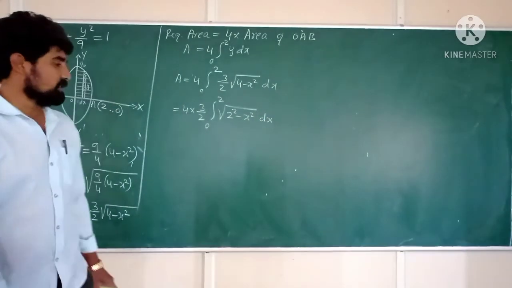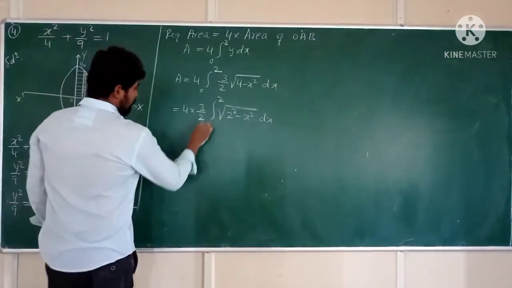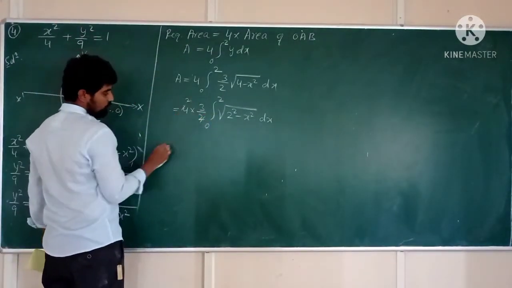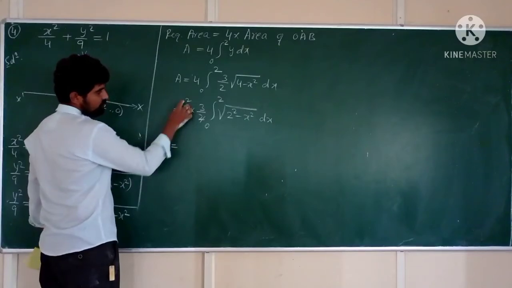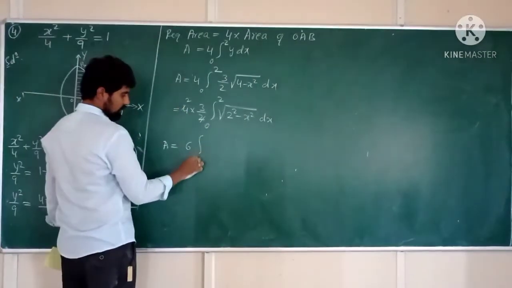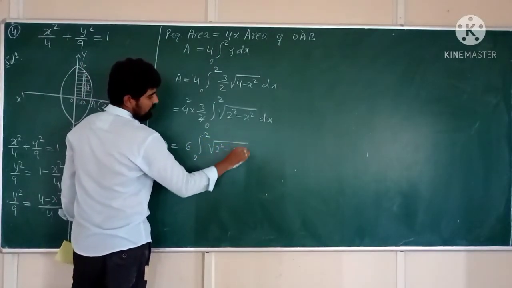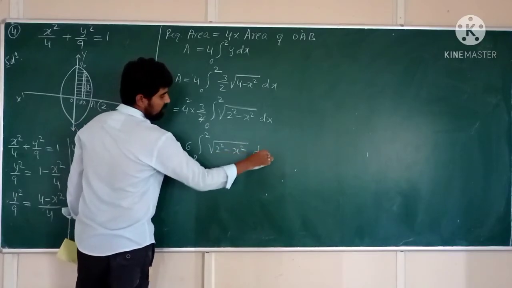I hope all of you understand it. Now 2 ones are 2, 2 twos are 4. Therefore area is equal to 6 times the integration of 0 to 2 square root of 2 square minus x square dx.